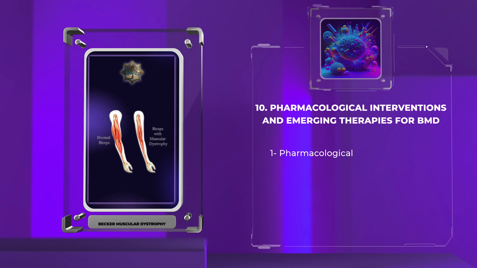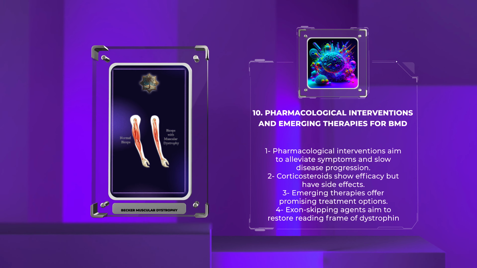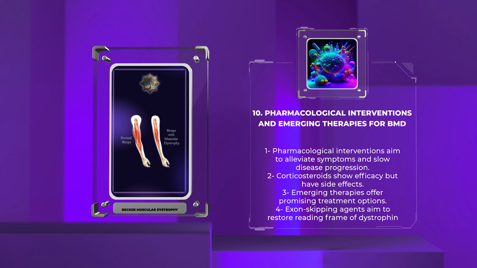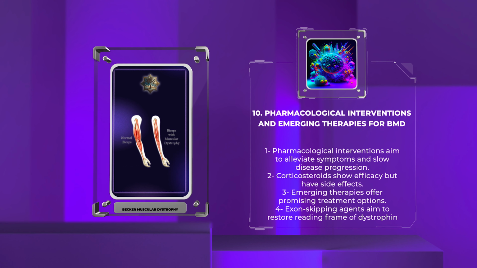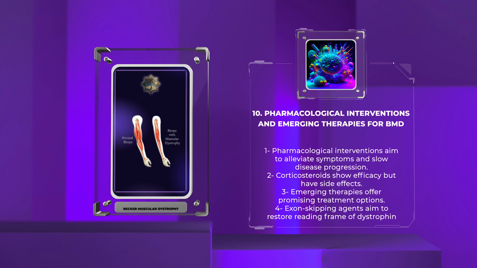Pharmacological interventions in BMD aim to alleviate symptoms, slow disease progression, and improve quality of life. Corticosteroids, such as prednisone and deflazacort, have shown efficacy in reducing muscle inflammation, improving muscle strength, and delaying disease progression. However, their long-term use is associated with side effects that need careful monitoring.